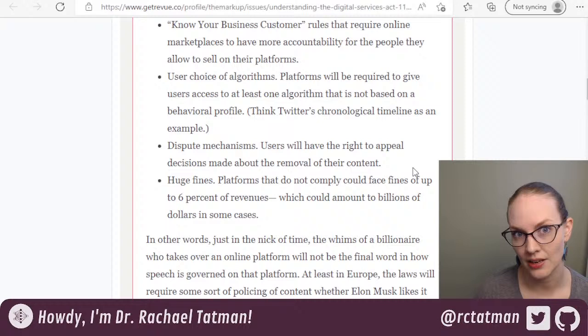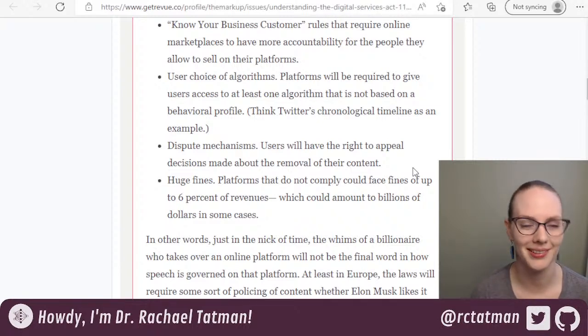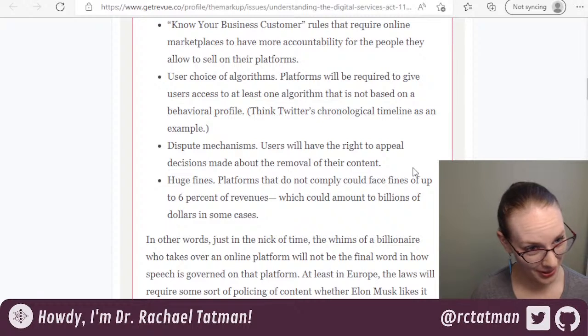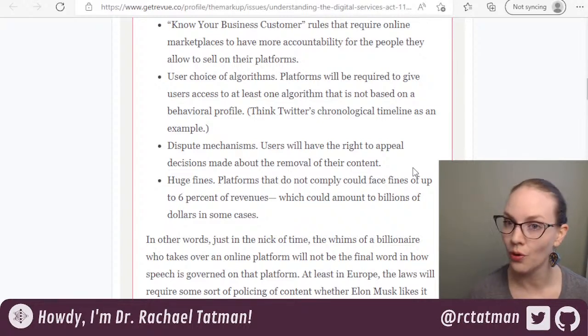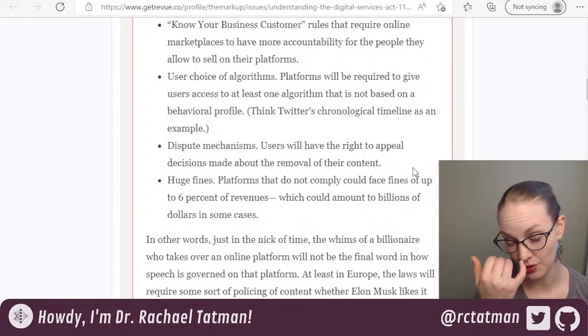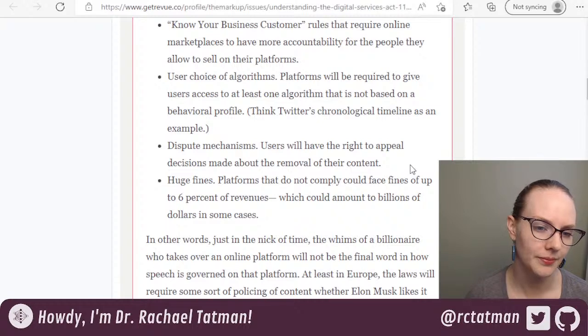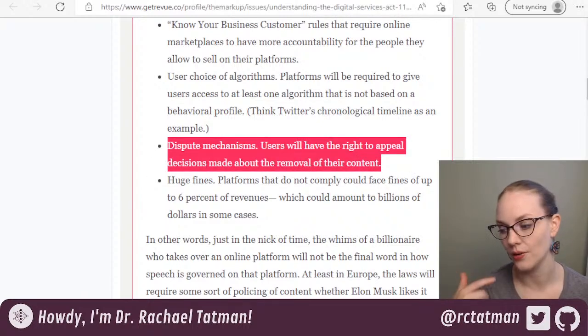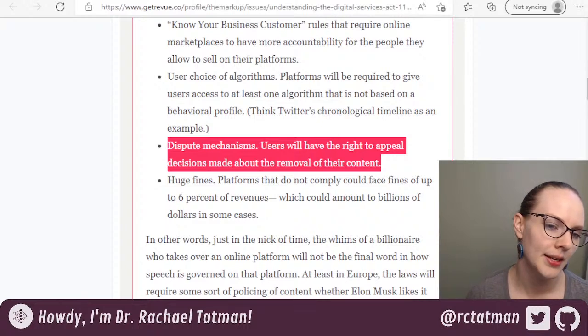It completely banned all not safe for work content using some automated tools that I probably personally would not have used, but there we go, to avoid being prosecuted under these laws. So with this protection, EU users would have been able to dispute that.